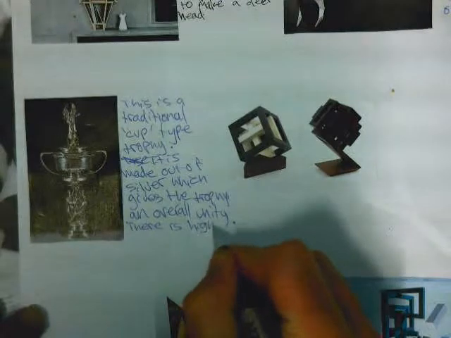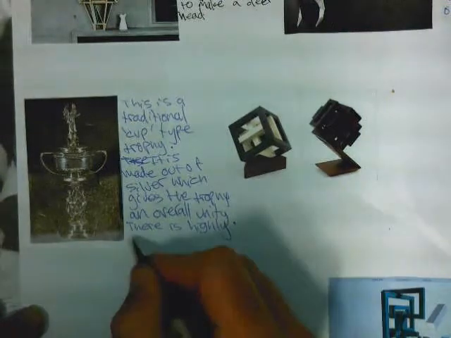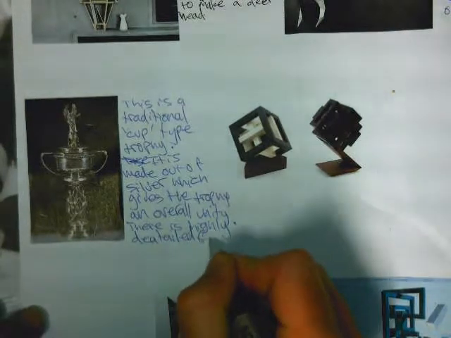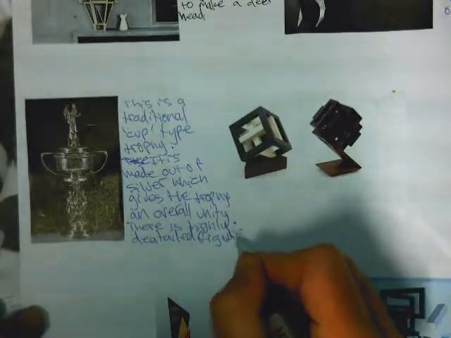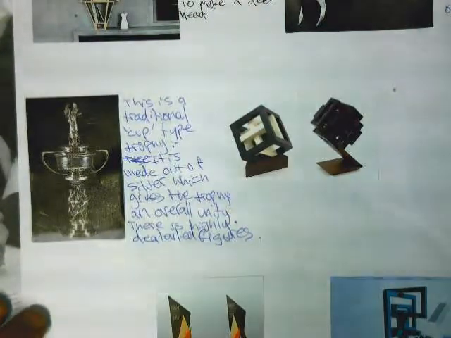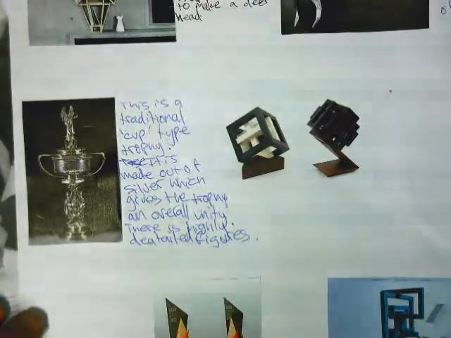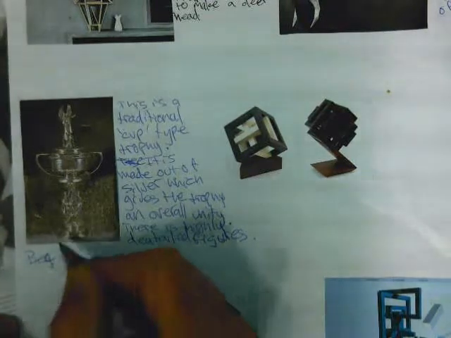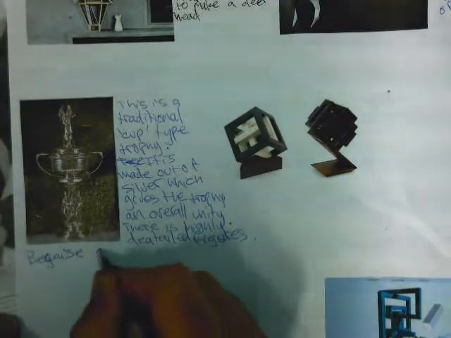What else was I going to talk about? I was going to talk about durability. Because of the materials and the trophy's well balanced. That's what we're going to talk about. Well balanced. Look, they've got a nice base there.